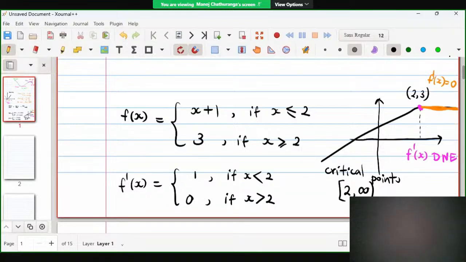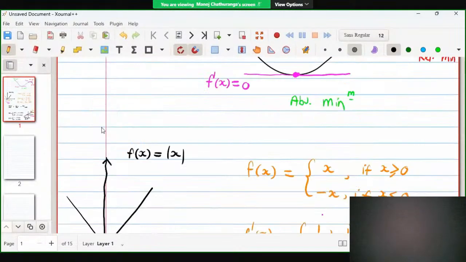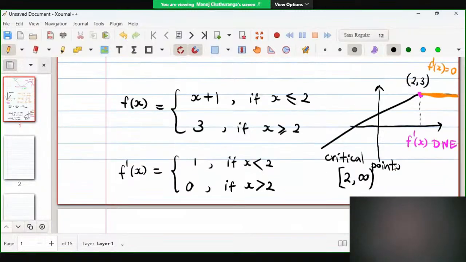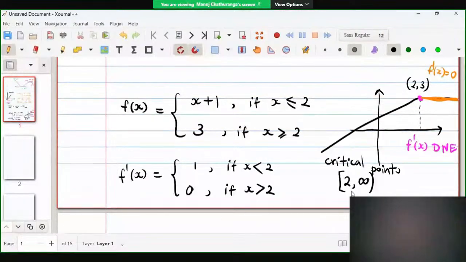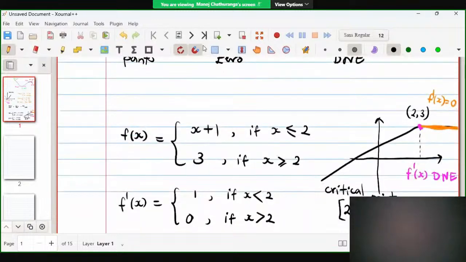So sometimes these critical points are isolated, like for the graph of the absolute value. Or like here, critical points are isolated points. But sometimes they can form intervals like this, not isolated.